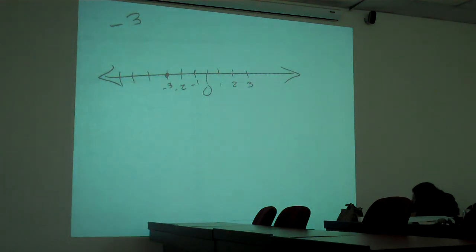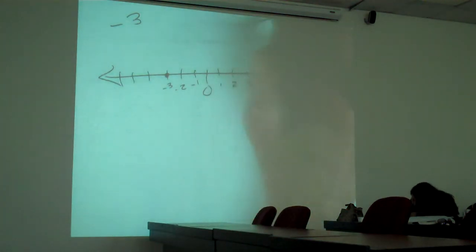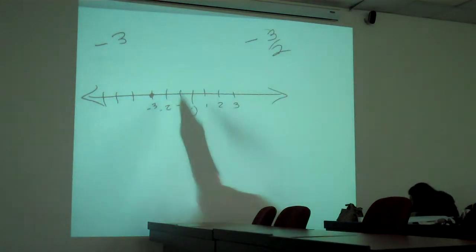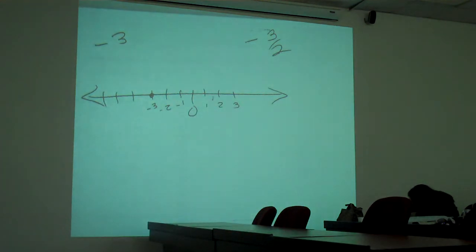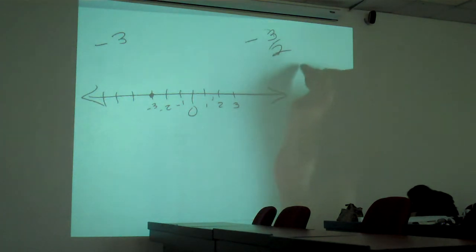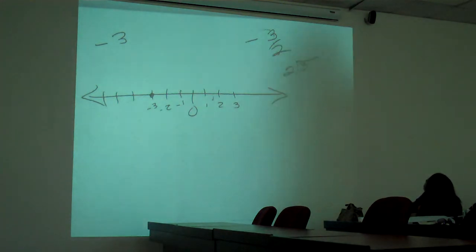How about a fraction? How about -3/2? Okay, we don't actually have that number on the number line, but what you need to do is turn this into like a mixed number. This is improper, so what you need to do is do 3 divided by 2 to turn it into a mixed number. 2 goes into 3 one time, 1 left over. This goes on the top, and this number goes on the bottom.